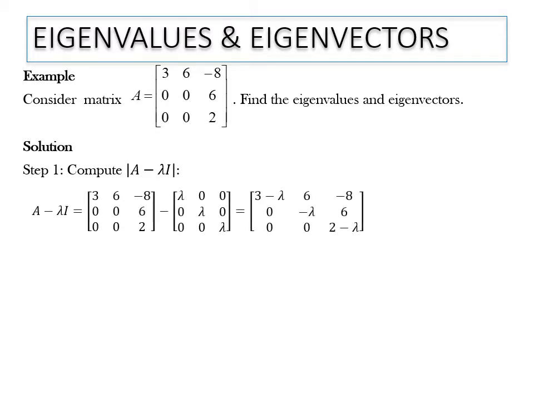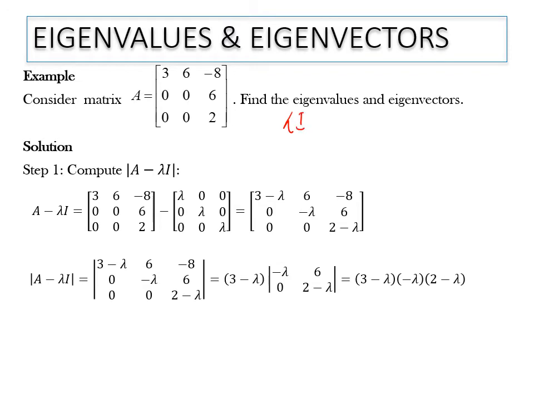Lambda I is lambda times the identity matrix. So that's why we get this. A minus lambda I, you will get this answer. From this answer, we need to find the determinant.